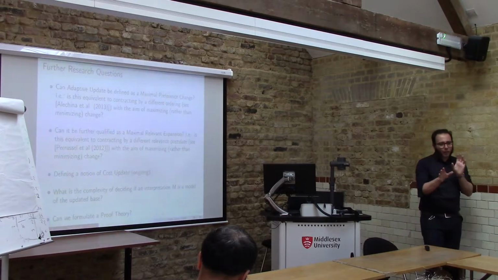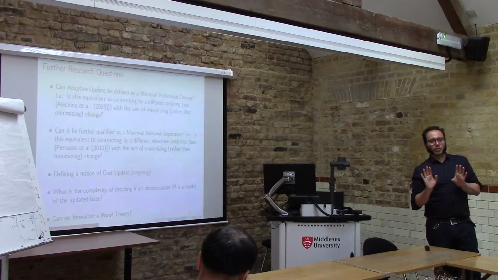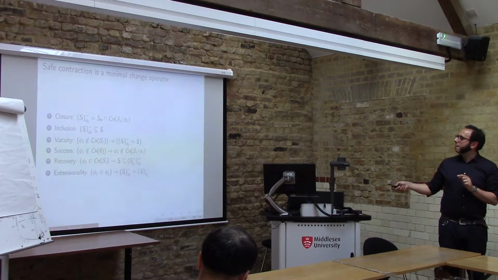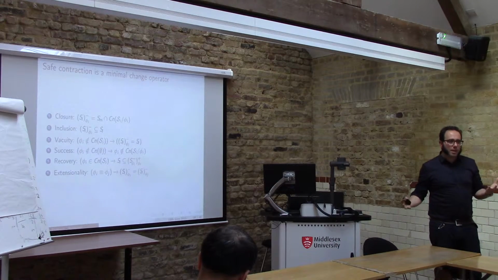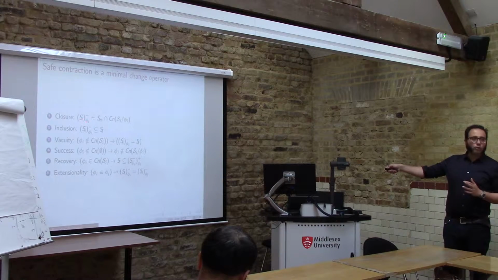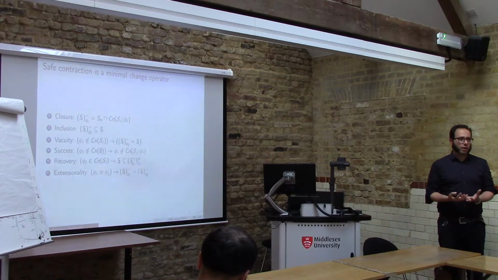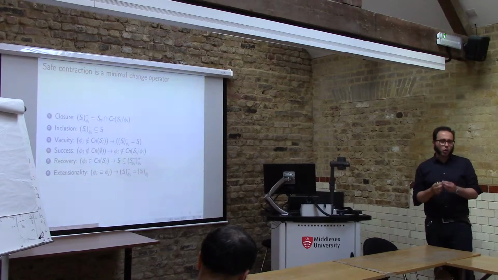That's the standard notion, and it's also because the contraction operation is a minimal change operator. So basically, what they are doing is, instead of contracting with respect to a formula phi i, they contract with respect to a preference relation. So there is phi i less than phi j, and then they compare this.